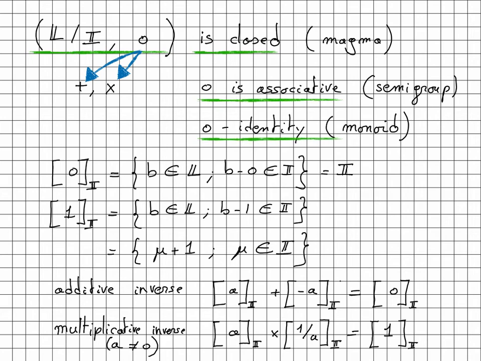The additive identity is the equivalence class of 0, which is the set of infinitesimals. The multiplicative identity is the equivalence class of 1, which is all the numbers you can write mu plus 1, mu being an infinitesimal. You can also verify that we have an additive inverse and a multiplicative inverse for every element.